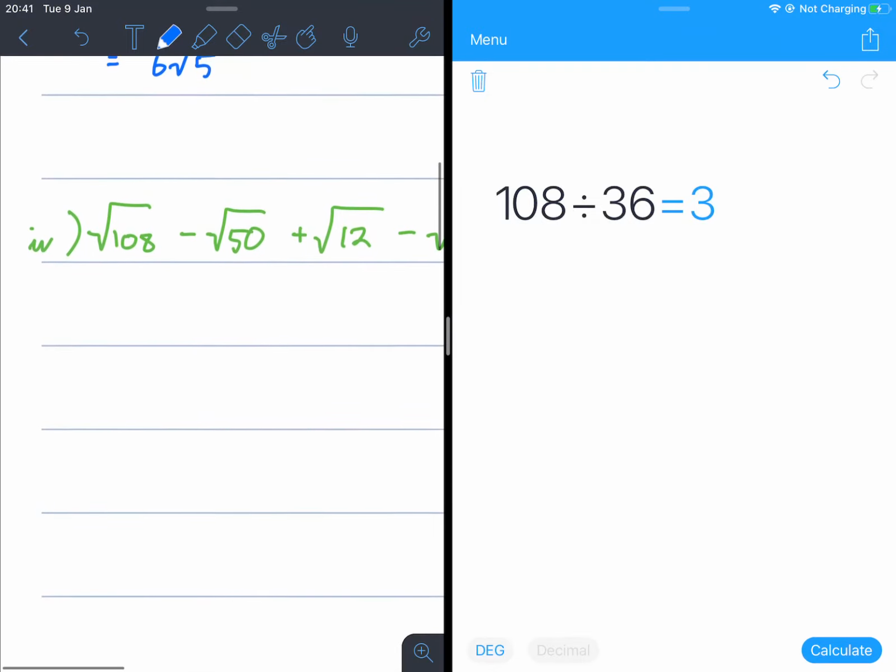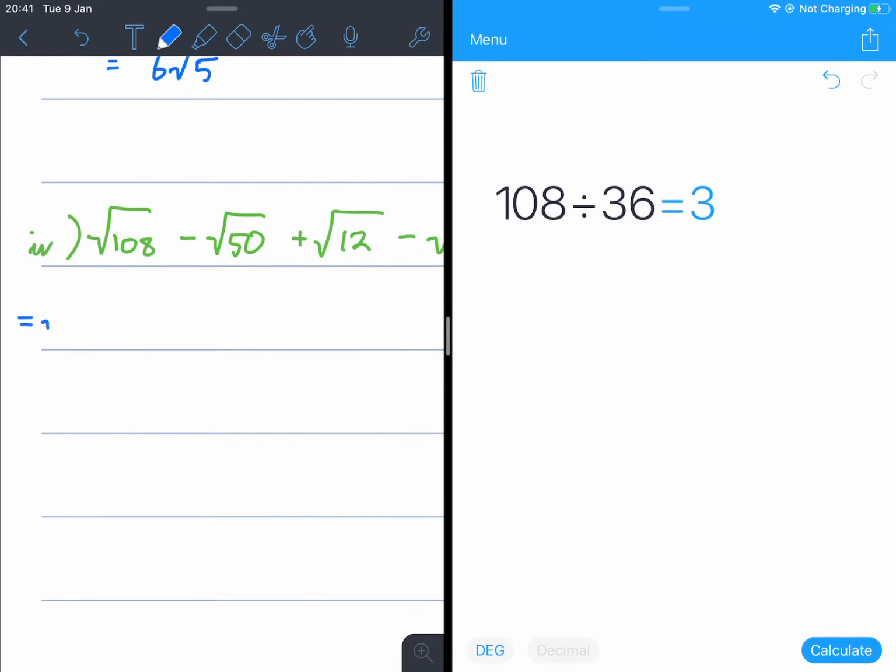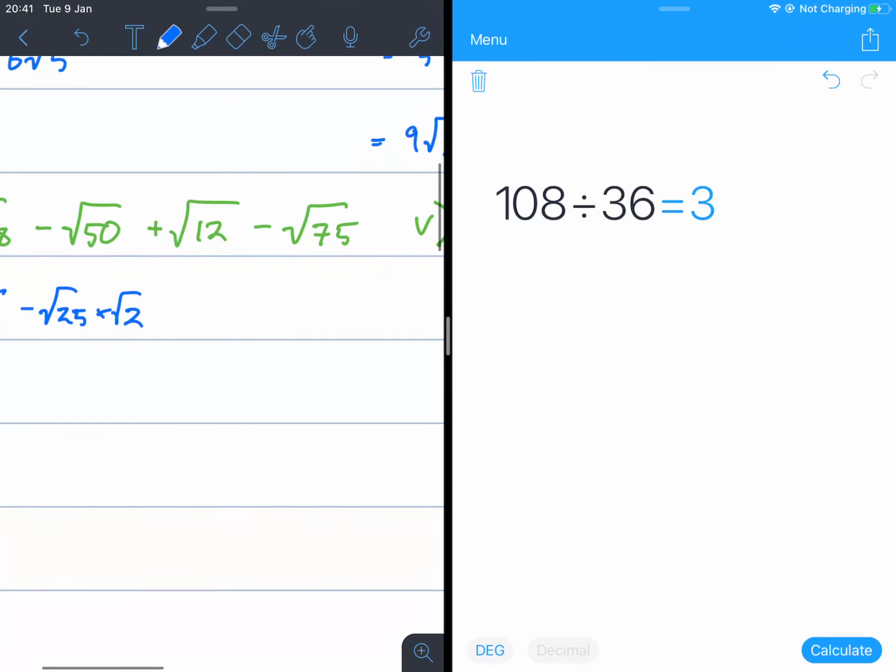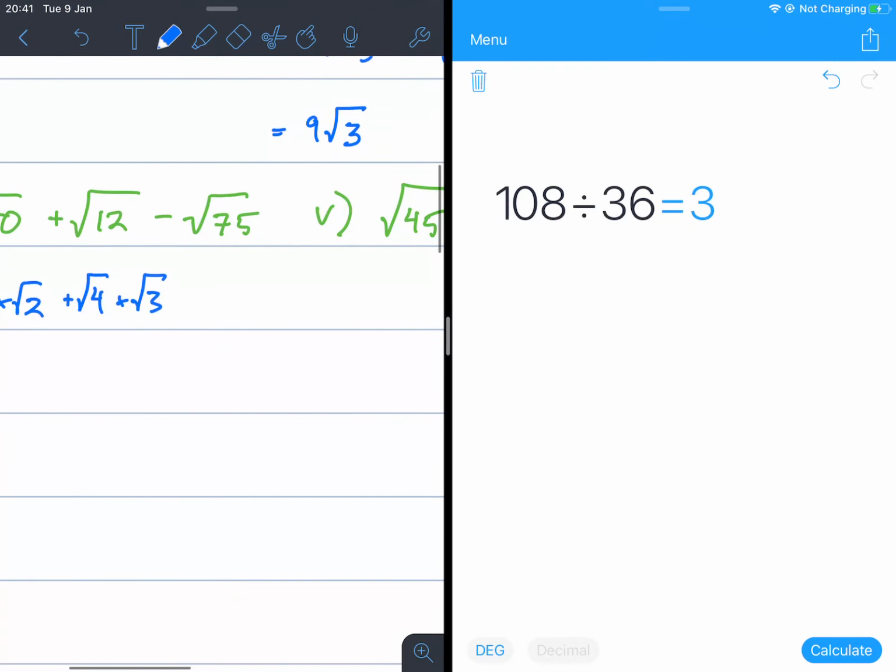So 108 is actually root 36 times root 3, minus 50, I know is root 25 times root 2. 12 I know is root 4 times root 3. And 75 is square root 25 times square root 3.